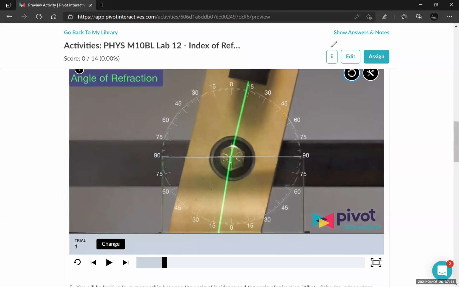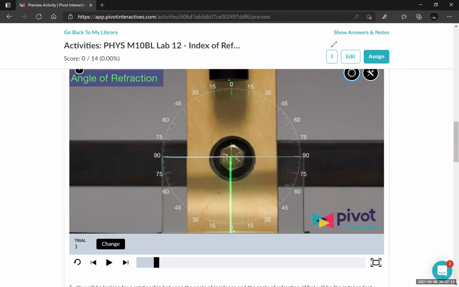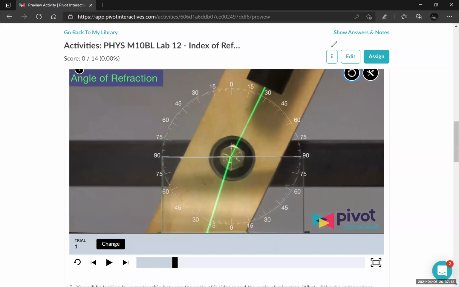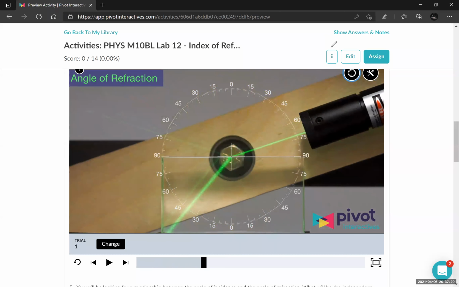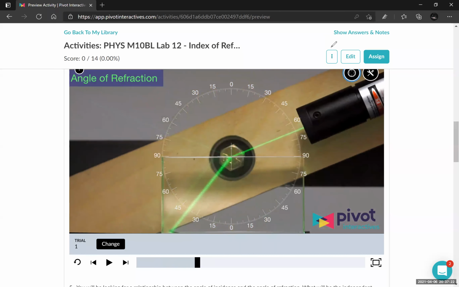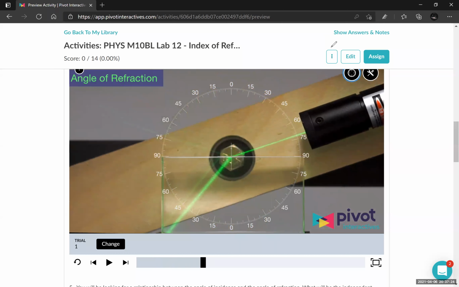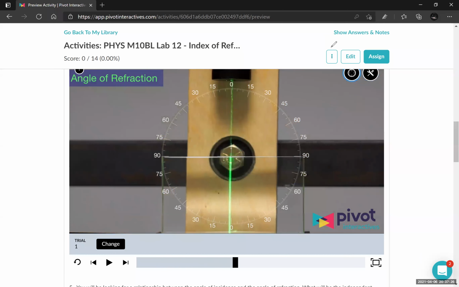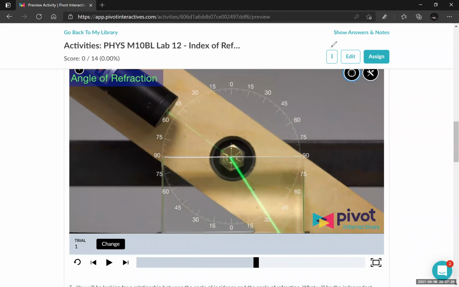Okay, from here the laser goes to the right like this, all the way to almost 70 or 75 degrees, and then comes back and goes to the left side. Now you don't have to measure both the right side and the left side. Measure either the right side or the left side.